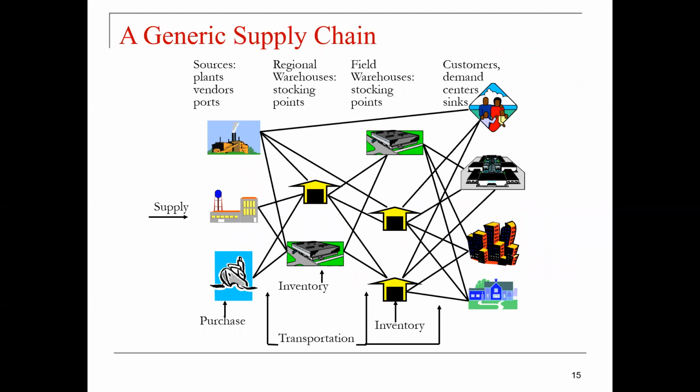A generic supply chain. A customer is a supplier for some other company. A supplier is a customer for some other company. So not all pieces of a supply chain belong to the same company. As we have discussed already, there are multiple pieces.